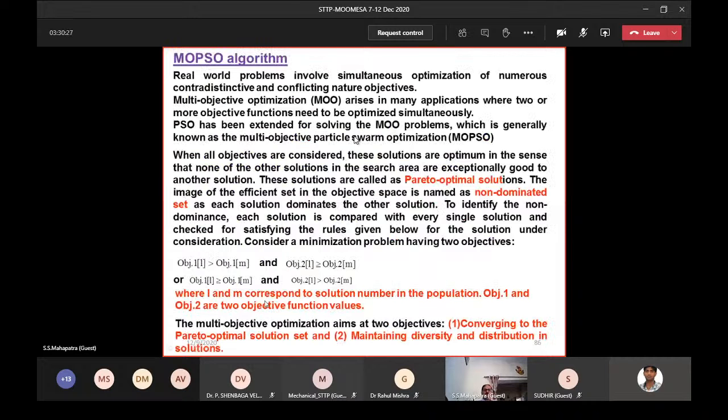Now the question is that when you have a single objective, we have seen several case studies, these single objective functions are working fine and give good results.